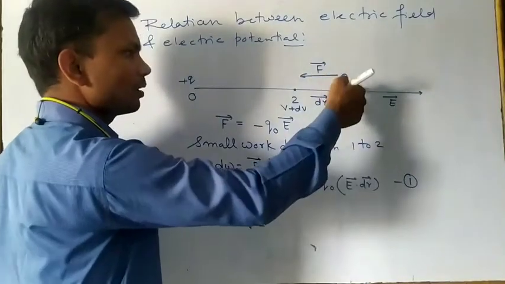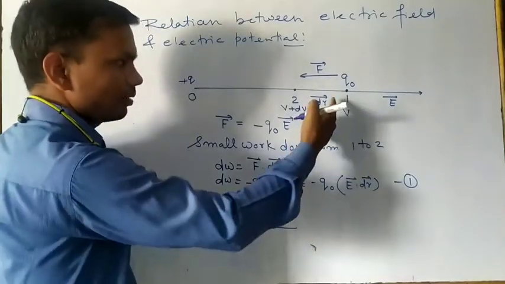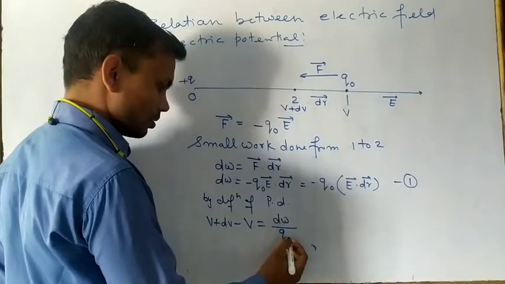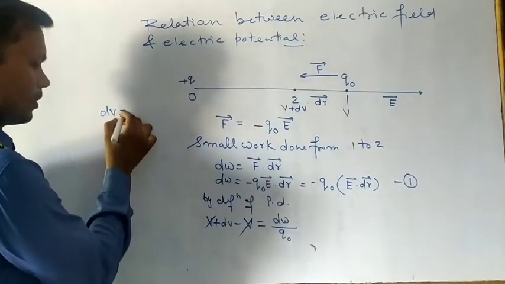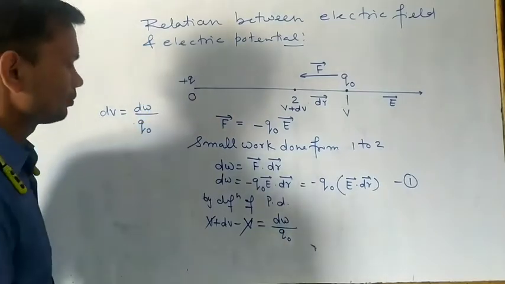This is equal to the work done from this to this, dW, divided by the Q naught charge. So Q naught cancels out, and we get dV equals dW upon Q naught.